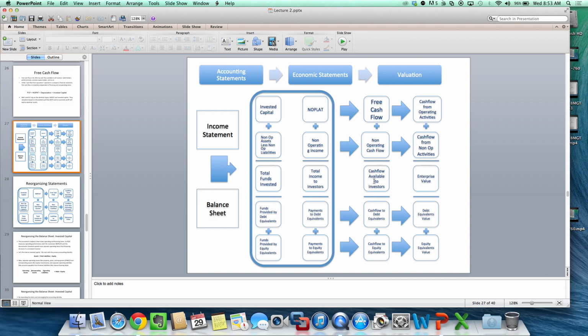Now, here's the key to CFI. The CFI statement is really looking at the operating cash flows, which are called free cash flows, plus the non-operating cash flows. We're going to add those together, and that's going to be called cash flow available to investors, CFI.